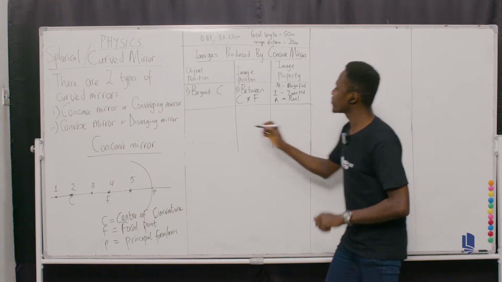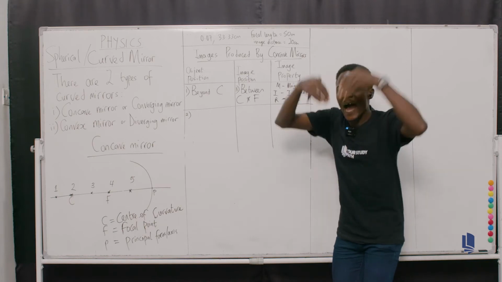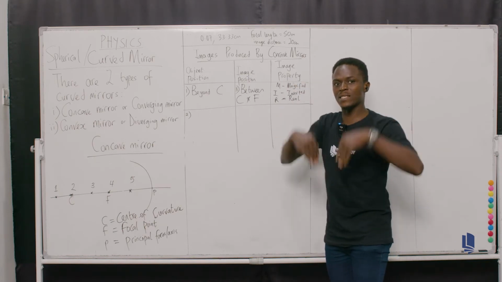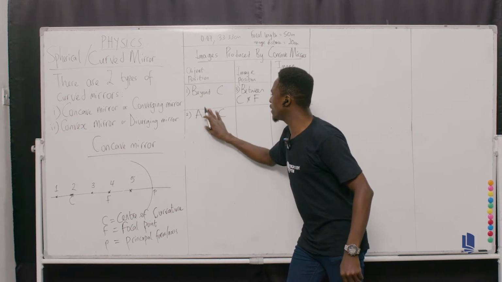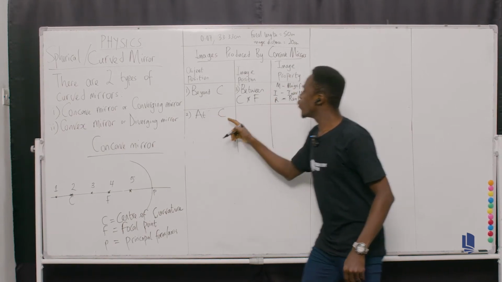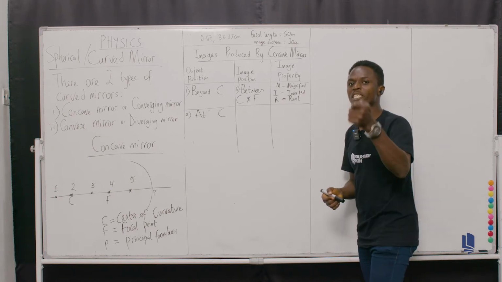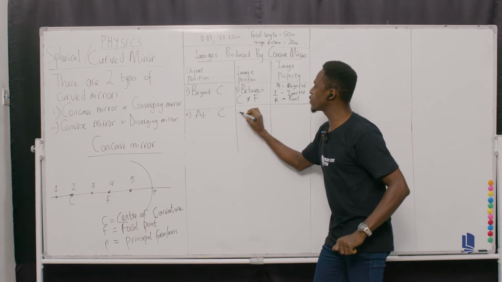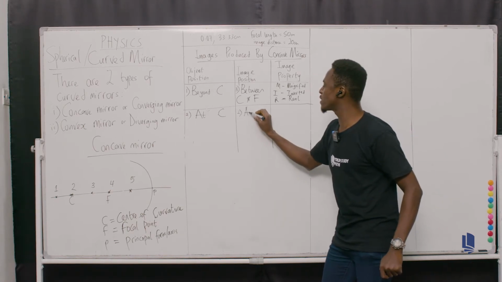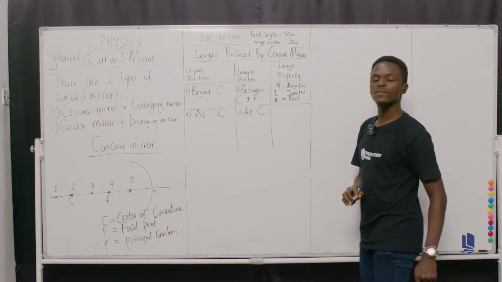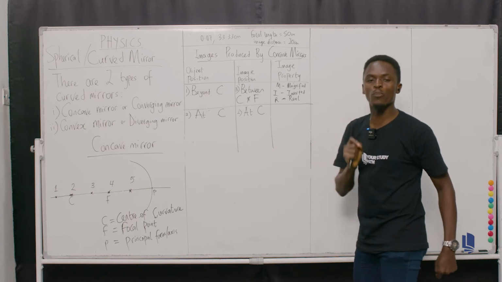Now check this out. Number 2. When you have your object positioned exactly at C, where will the image be formed? Don't stress yourself. 2 will produce 2 again. It will be formed exactly at C. Your image will be produced exactly back at number 2 position.